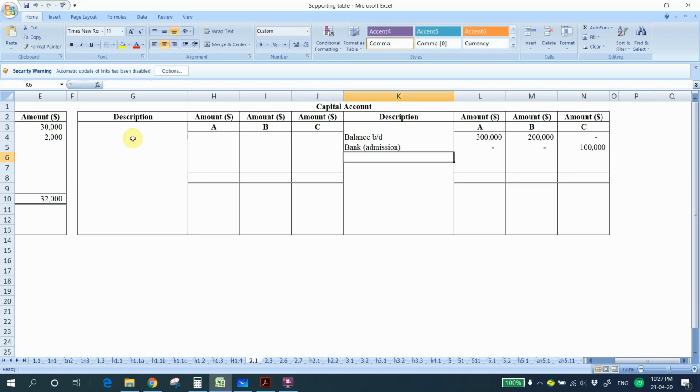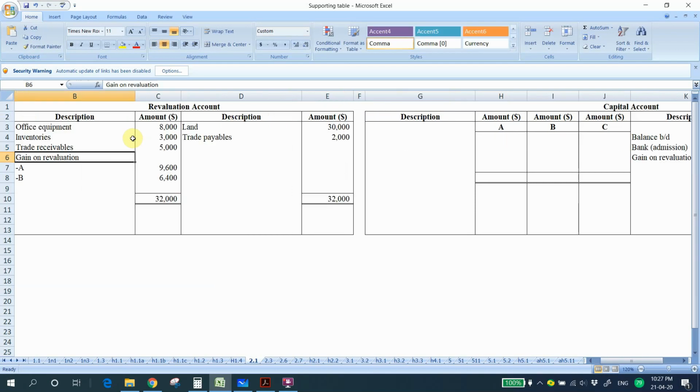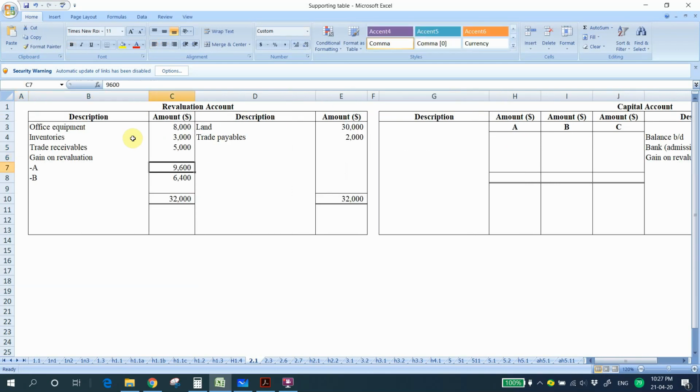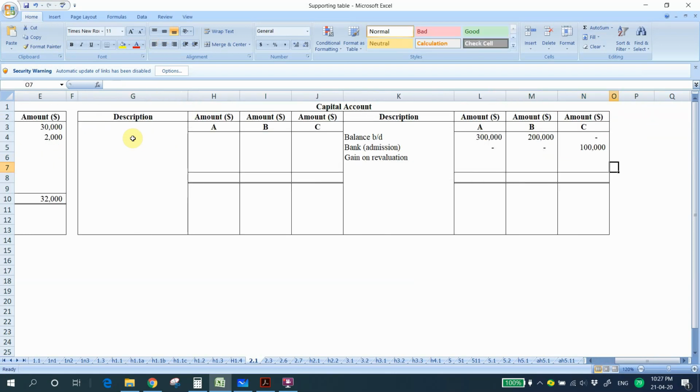And don't forget about our gain on revaluation. Gain on revaluation we record on the credit side. Why? Because this is a debit on the revaluation account, and then credit to the capital account. So 9,600, 6,400, and 0. Because C is the new partner, C is not entitled to any gain on the revaluation. Though there is a gain, C did not contribute anything.